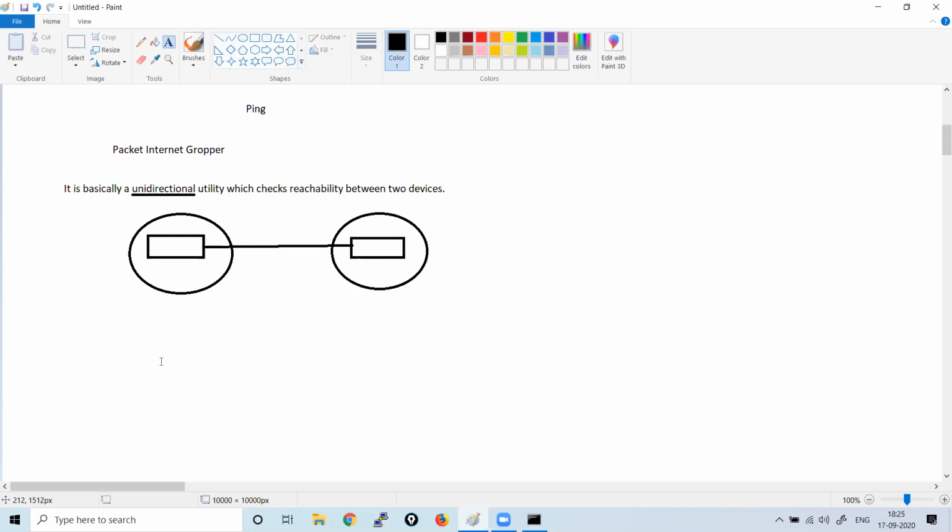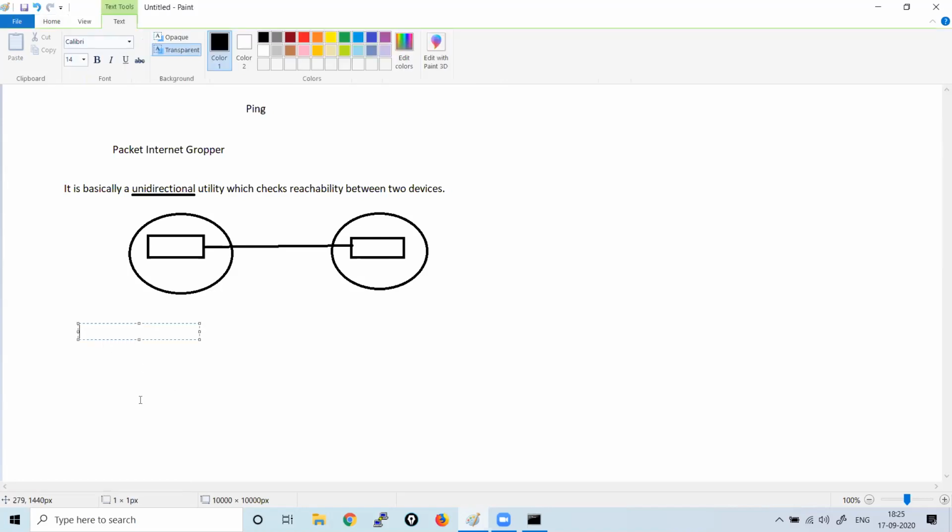Now, let's start with what the PC does when we run the command ping. The PC will call a protocol named ICMP.